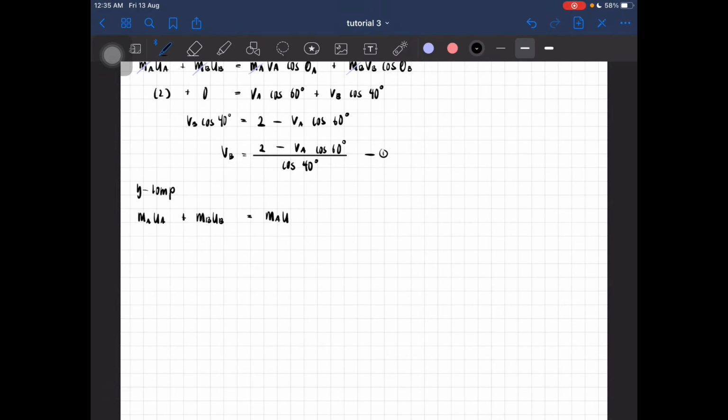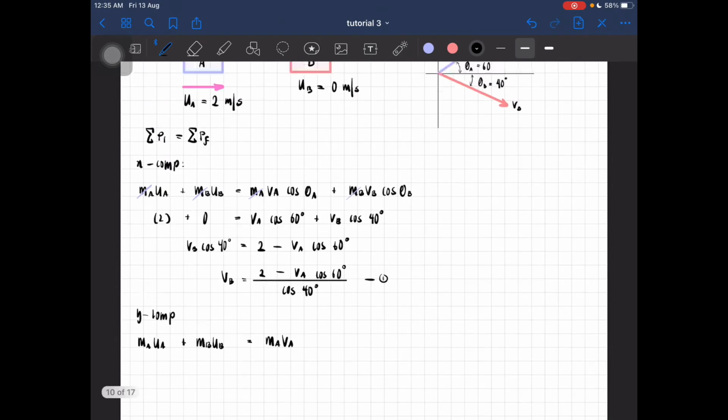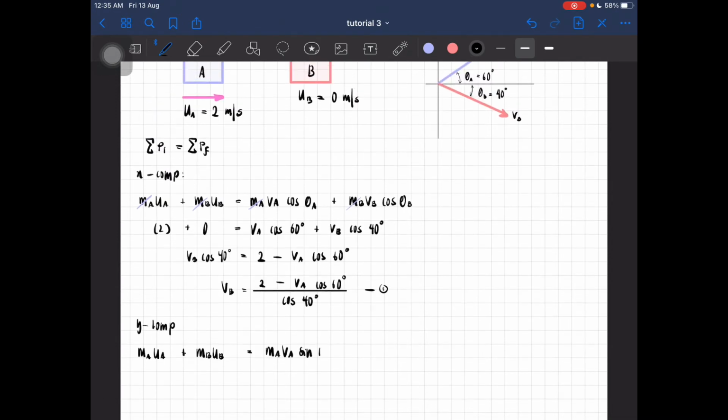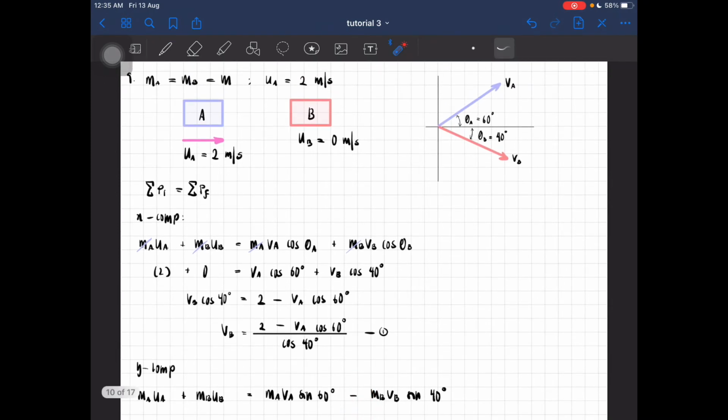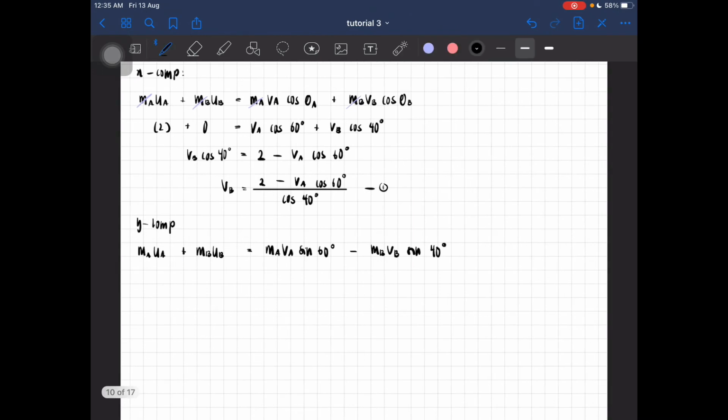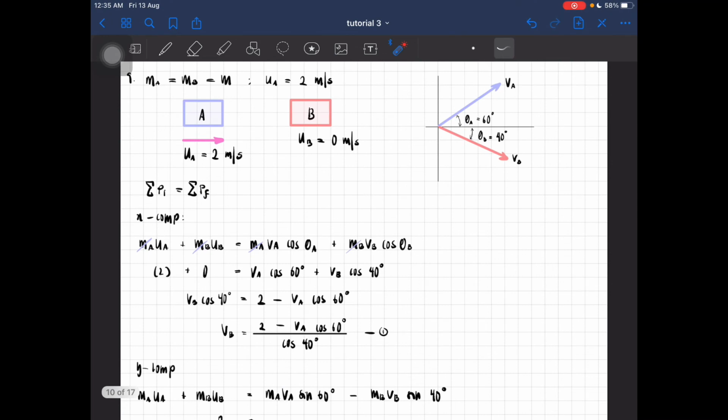So MA VA, we are using sine 60 degrees, and then minus MB VB sine 40 degrees. Why am I using minus? Because VB is pointing downwards when we are resolving it on the y-axis here. So this would be equal to 0 because before the collision all are moving in a straight line.